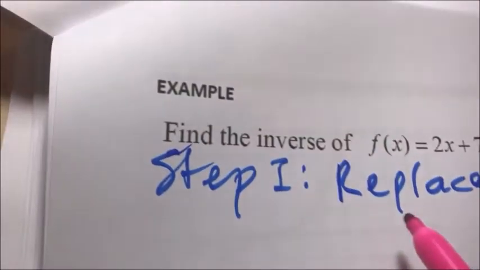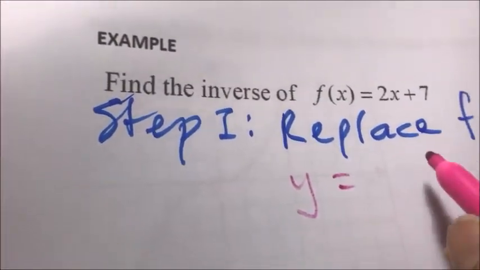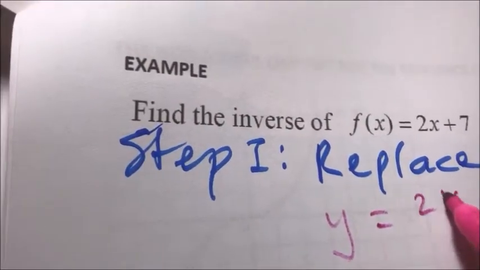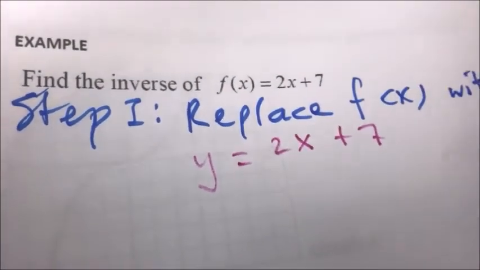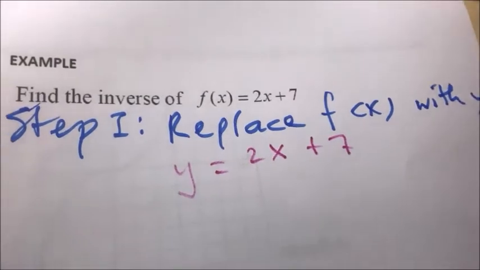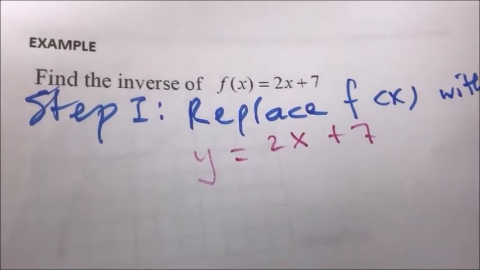So this function is basically just going to be seen as y is equal to 2x plus 7. So step 1 is just to replace f of x with y, if needs be, of course.